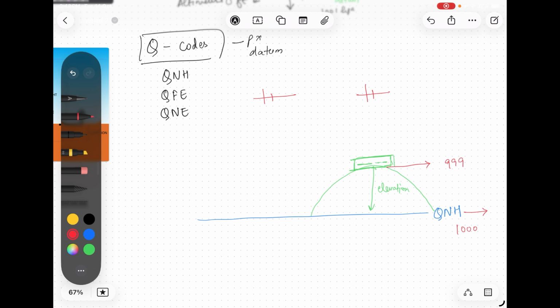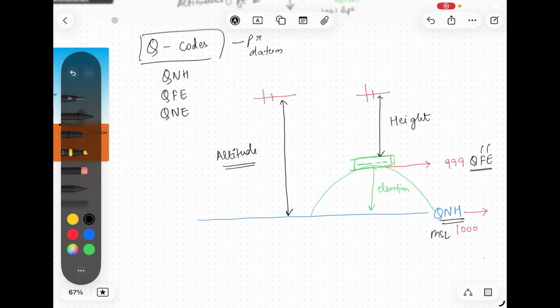When you measure your aircraft's vertical distance from QFE, the pressure at field elevation, that distance is known as height. When you measure it from QNH, the mean sea level pressure at that city on that particular day, the vertical distance is known as altitude.